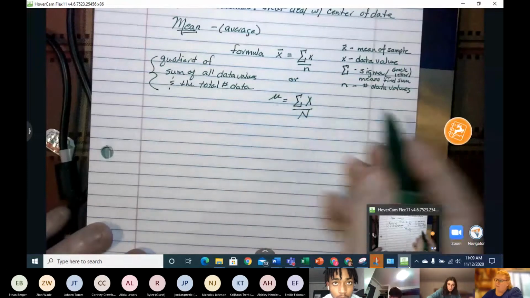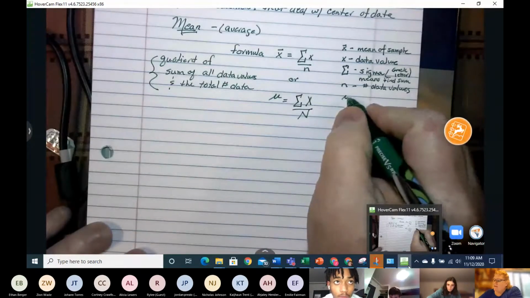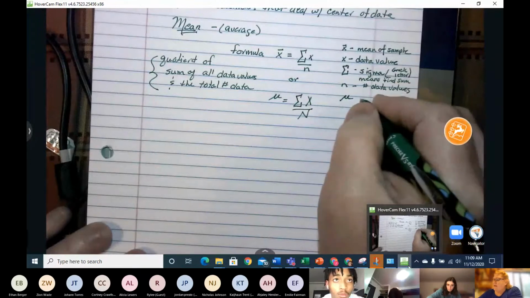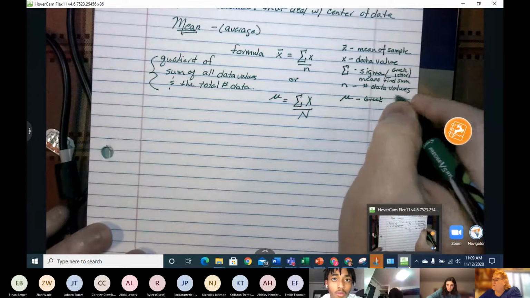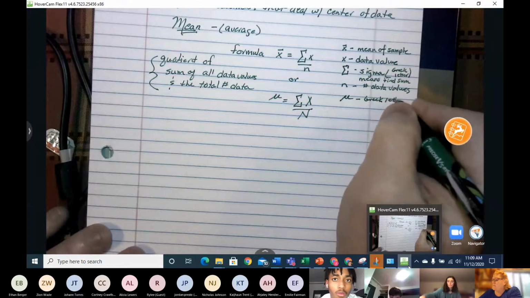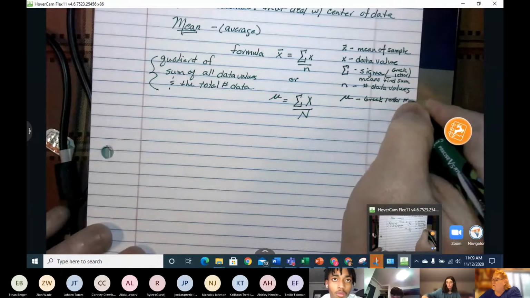Instead of the X with the bar over it, that little symbol is another Greek letter, and it's called mu.